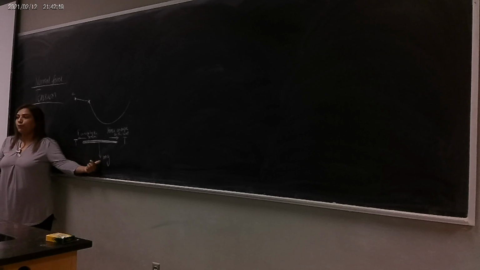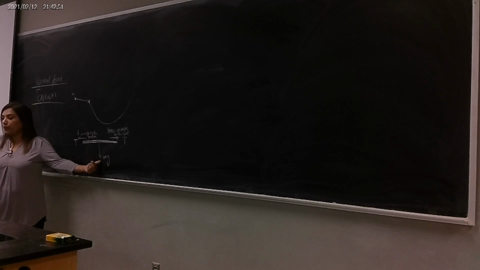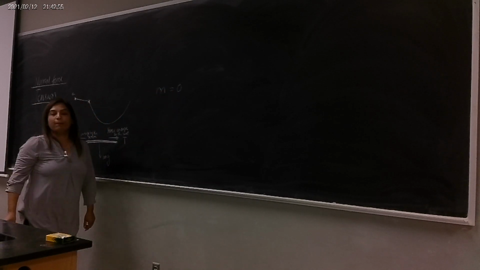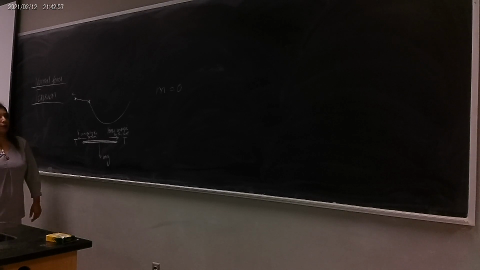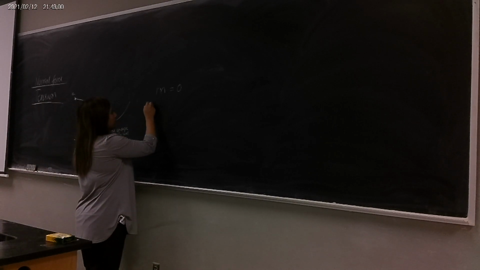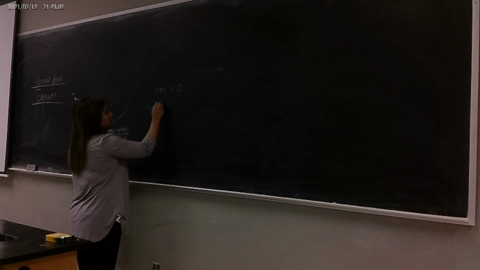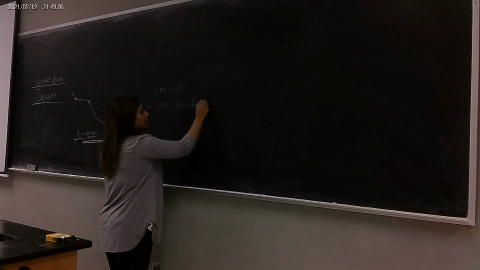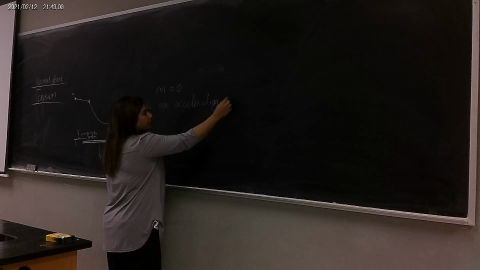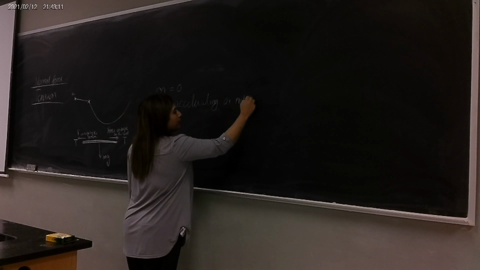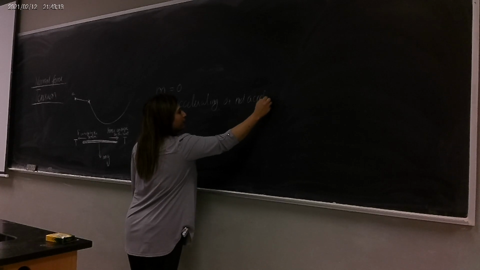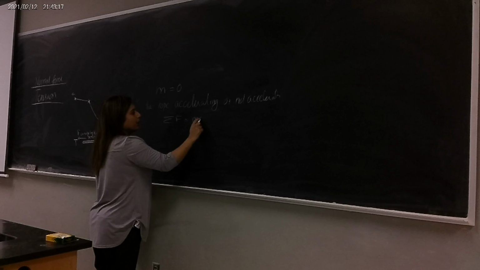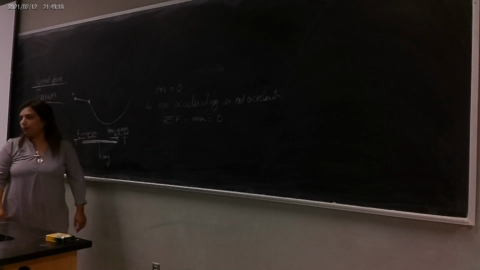Now consider if the rope is not too heavy and it has negligible mass. If it's a very light rope and mass is 0, it doesn't matter whether it is accelerating or not. The total force on it would be 0 anyway because of the mass.